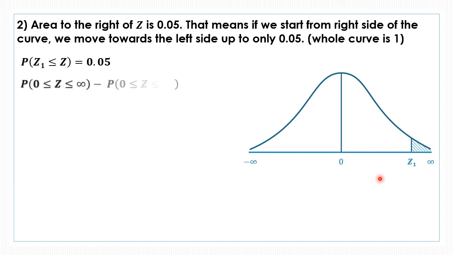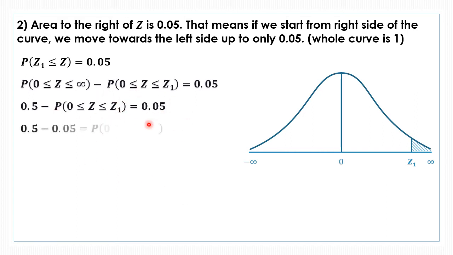So it will be split up as 0 to infinity minus 0 to z1, that is 0.05. Now we know that the infinity value is 0.5, so we will put that in place of infinity. Now we swap the positions of z1 with 0.05. So it will be 0.5 minus 0.05, and thus the z1 value here will be 0.45.